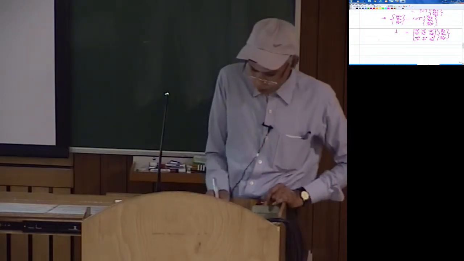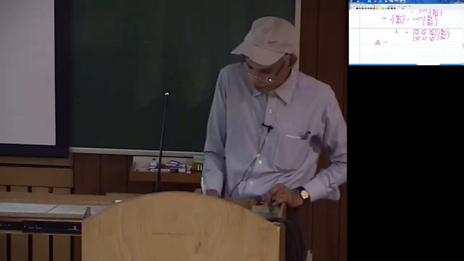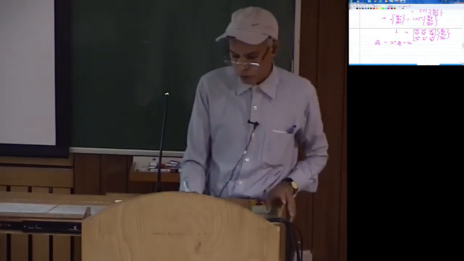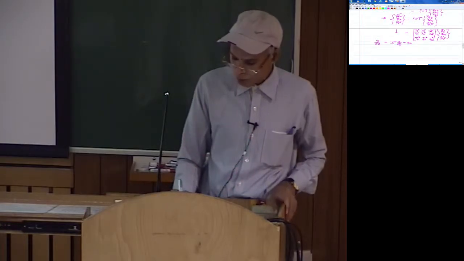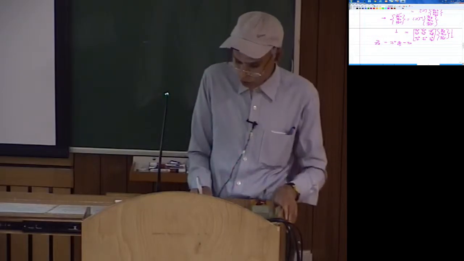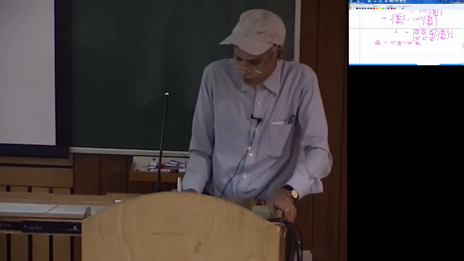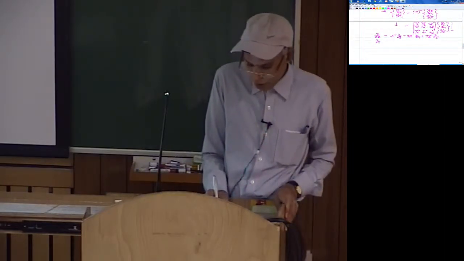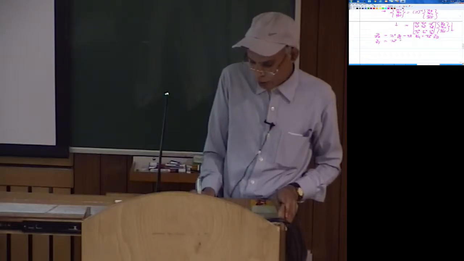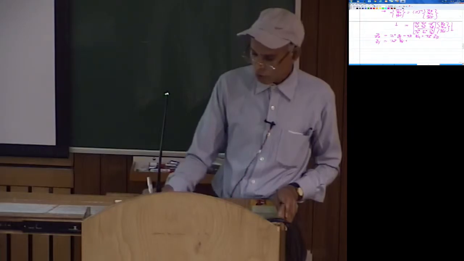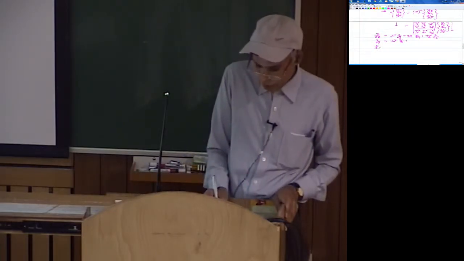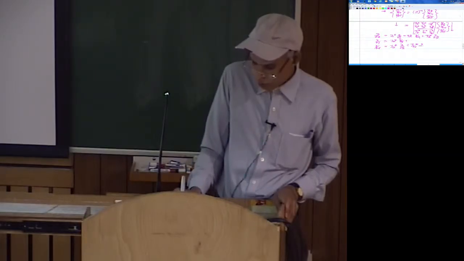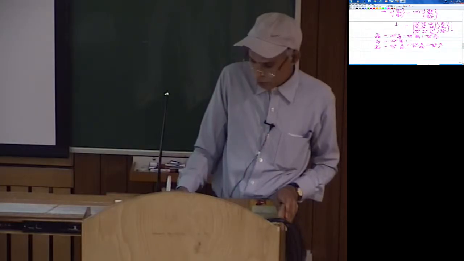If you want to write explicitly for each of these, del by del x is J11 star into del by del xi plus J12 star into del by del eta plus J13 star into del by del zeta, taking the first row from this multiplication. Similarly, del by del y would be J21 star del by del xi and so on, row into column again, and del by del z would be J31 star into del by del xi plus J32 star into del by del eta plus J33 star into del by del zeta.